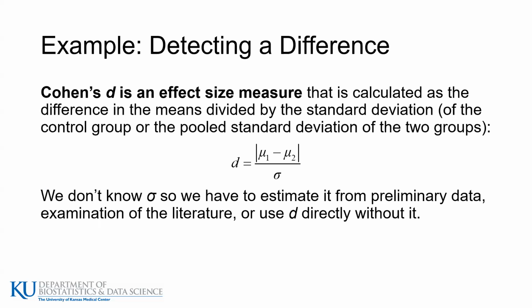Here, because we have two groups, we use a pooled estimate of the standard deviation. So oftentimes this is calculated by pooling the measurements between the two groups and then estimating the standard deviation of that.